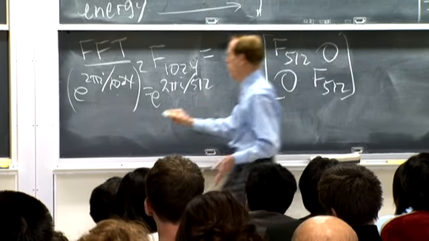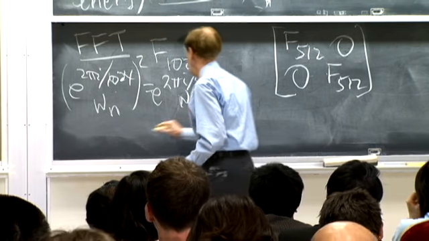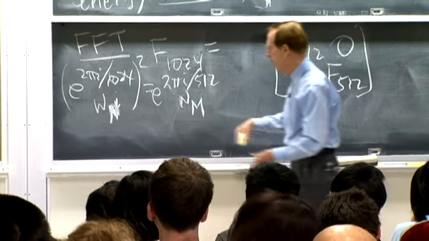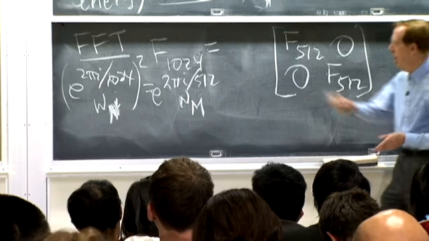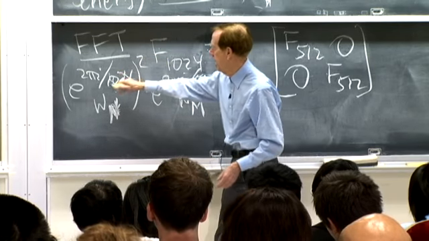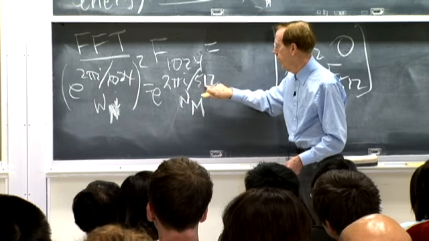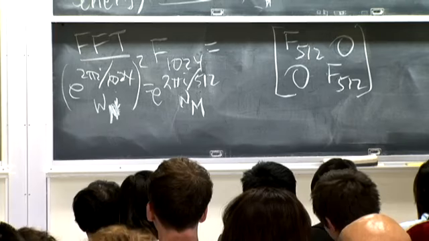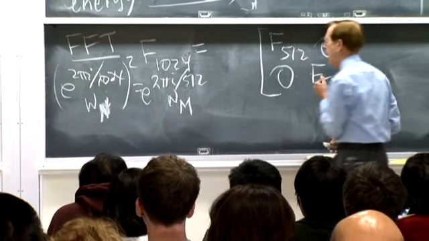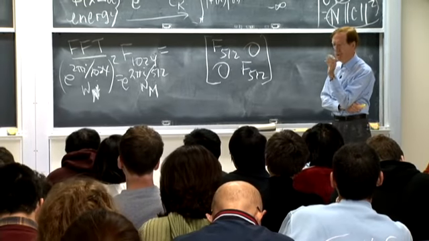Let me call this w_N, the n by n one, where N is 1024. Everybody saw that? When I squared it, I doubled the angle. When I doubled that angle, the 2 over 1024 gave me 1 over 512. Fantastic. Of course, that doesn't make this equal to that, but it suggests that there's a close connection.